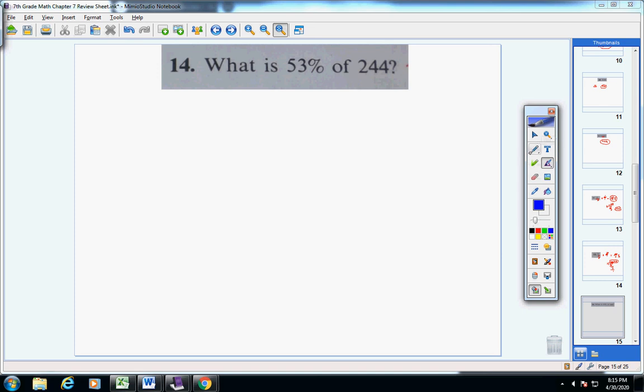I taught you guys when it's not a word problem, just a real quick sentence like this, use math expressions for words. For example, what, that's your unknown, is, that's your equals, 53% is 0.53, of it is multiplying, 244 is 244, okay?